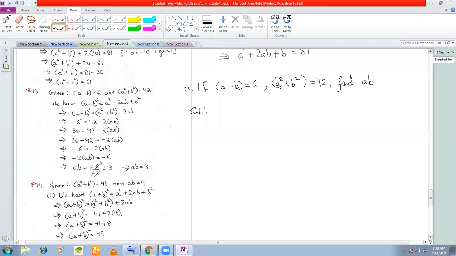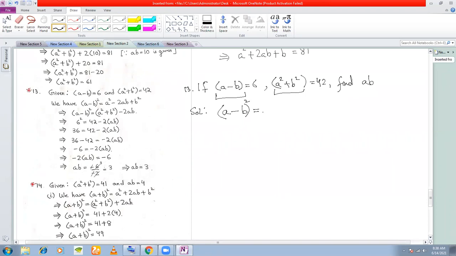Now see here, whenever this kind of a question is given, a minus b and a square plus b square are both given. That means we will start with the expansion of a minus b whole square. Just as when we wanted to find out lower power from higher power that was given, we were starting with the expansion, right? Here also, we'll start with the expansion.